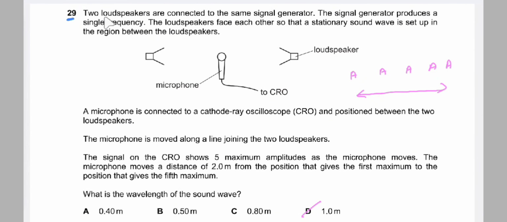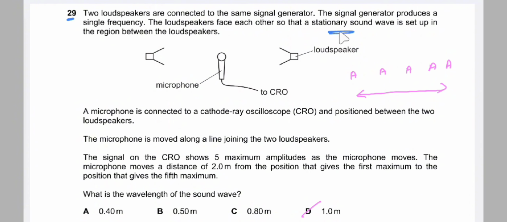Two loudspeakers are connected to the same signal generator. The signal generator produces a single frequency. The loudspeakers face each other so that a stationary sound wave is set up in the region between the loudspeakers.